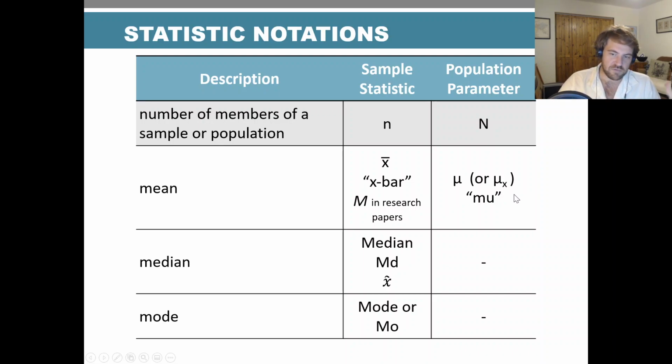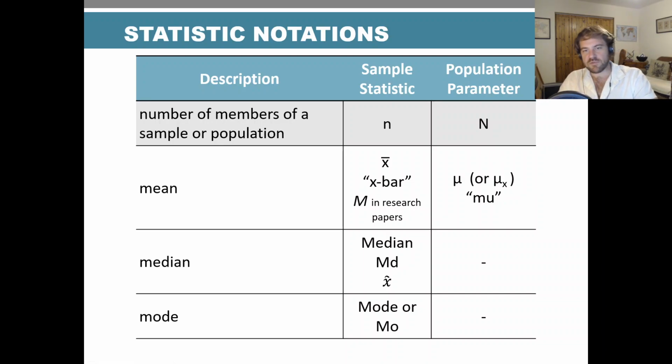Sometimes you'll see it as mu sub x, and that just means the mean of all of the x values. It's usually mu. You're probably never going to see mu sub x. And then to say it, you just say mu. Could also be spelled MEW. I don't care how you spell it. It's pronounced mu.